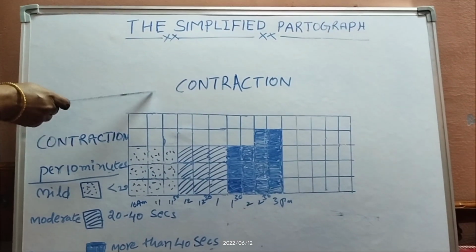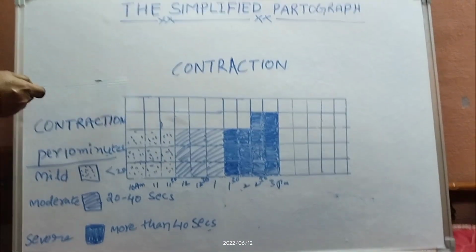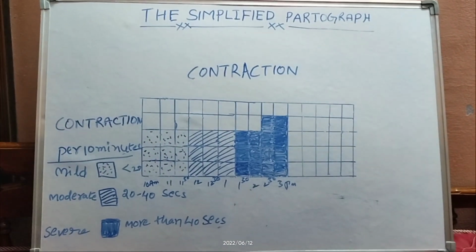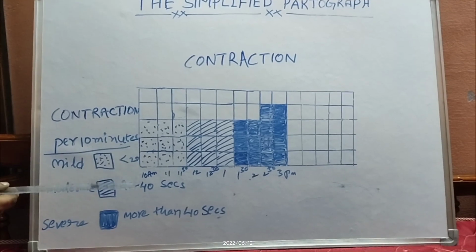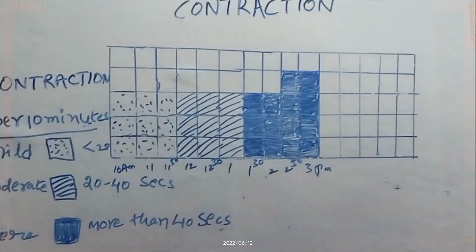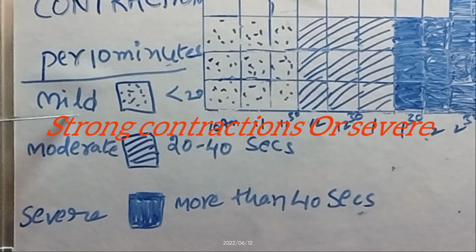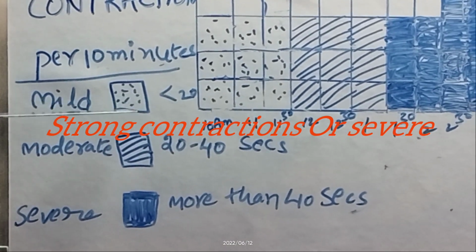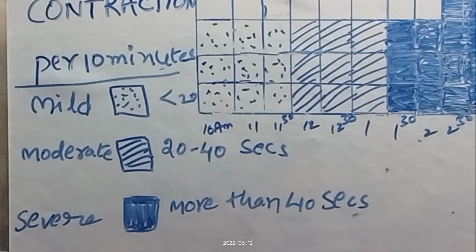Next, contractions. See, contraction is recorded through small boxes for up to 5 contractions in 10 minutes. So there are 3 types of contractions: mild, moderate and severe contractions. Mild contractions are less than 20 seconds. So that box should be written with dots.